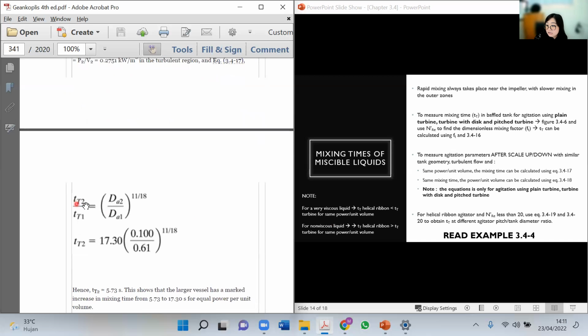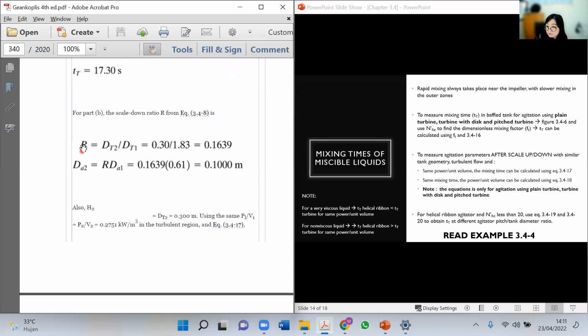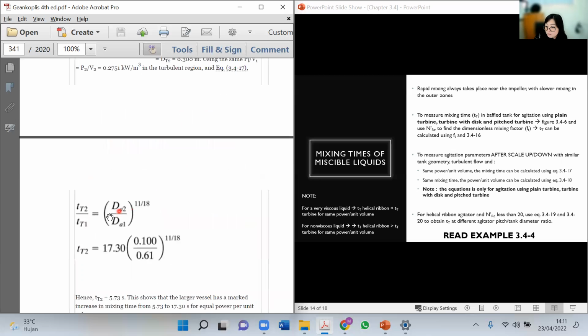So Tt at the second condition over Tt at the first condition equals dA2 over dA1 to the power of 11 over 18. From the previous page, by using the ratio, we can find the new dimensions of the tank. We know the new dA, which is 0.1, so I put 0.1 here.